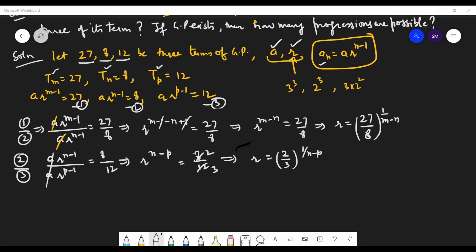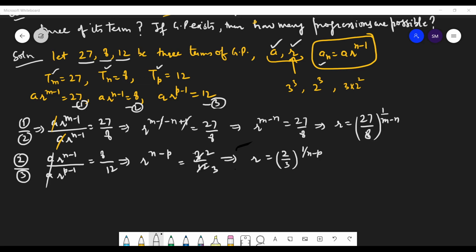Let us see one thing. You have 3 raised to the power x upon y is equal to 2 raised to the power z upon y. Now I am multiplying both sides, I can square both sides. Can't I do the squaring?